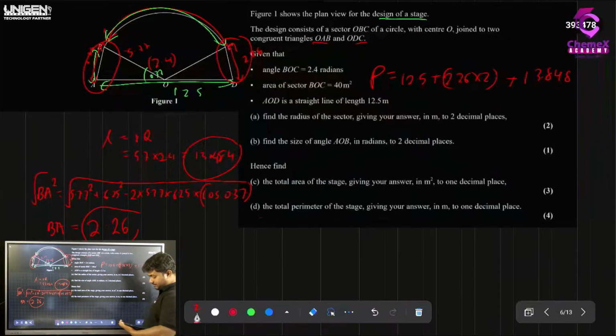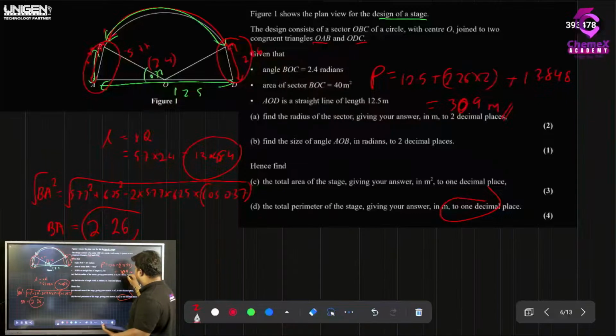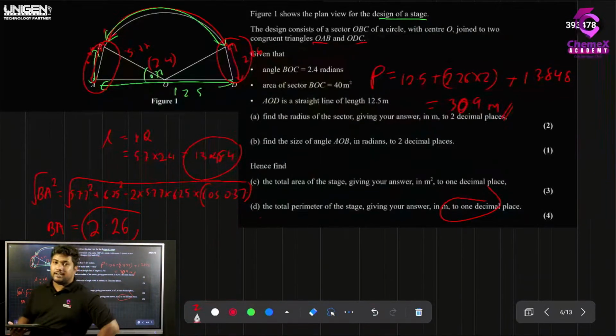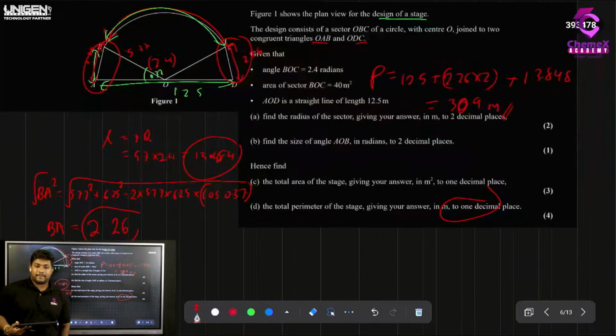Are there any more? No, that's it. So this is going to give you 30.9 meters. Round it for what they ask. The final mark, the last mark you get, is 1 mark for just rounding it off. Got it?